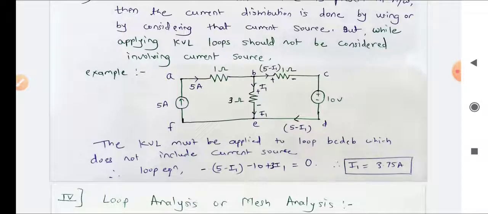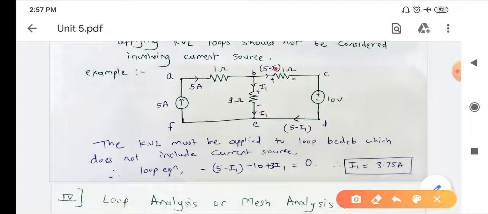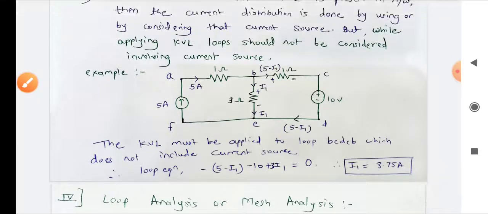We'll consider the current flowing through the 3 ohm resistance as I1, and hence the current flowing through the 1 ohm resistance will be 5 minus I1. As the distribution of current is done by using the current source and applying KCL, now we are going to apply KVL to write the equation.